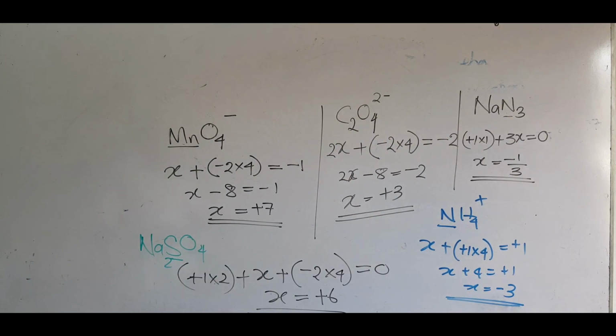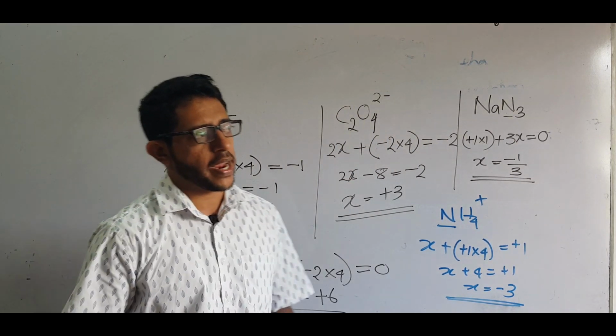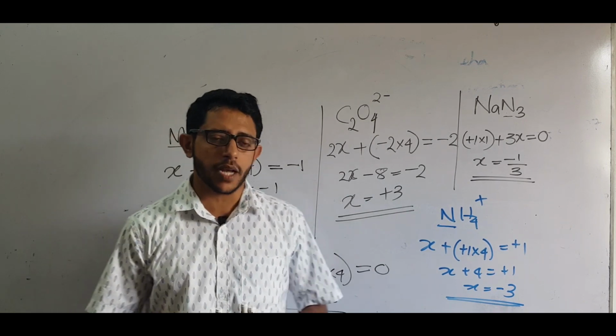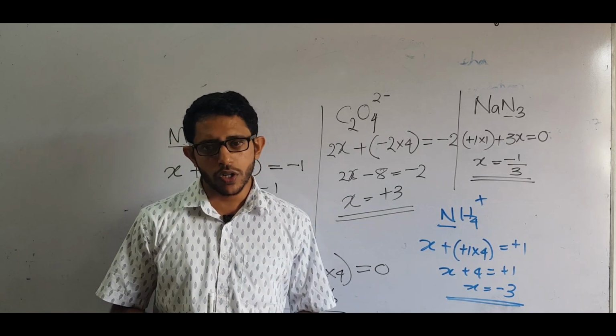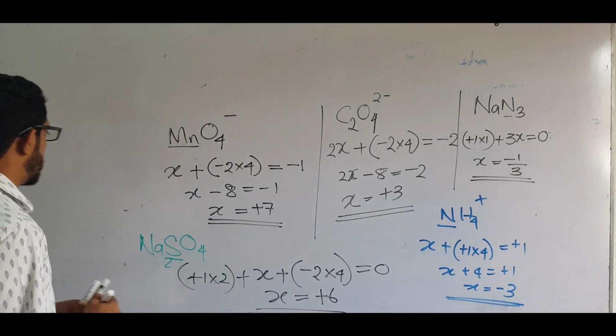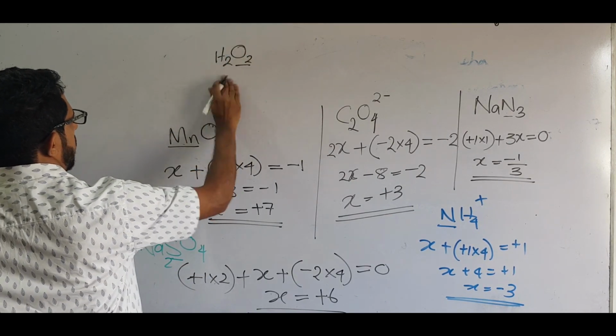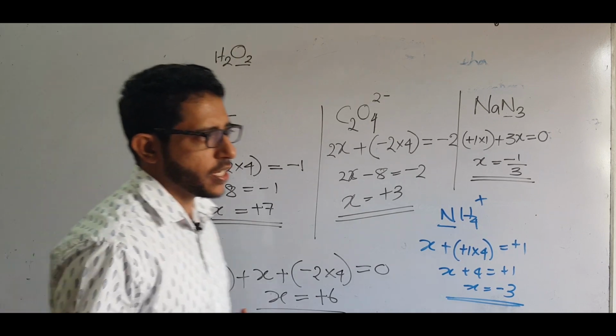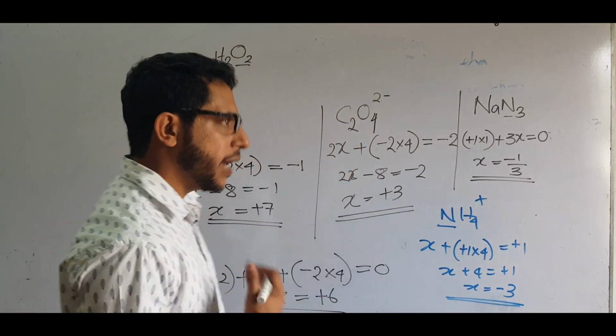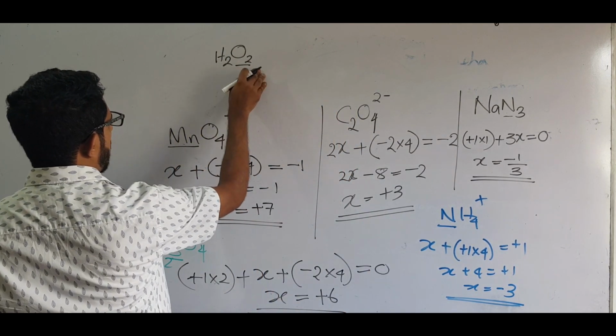So, likewise we can find the oxidation state of many different substances using the basic rules we have, right. If I use another one over here, H2O2, oxygen. Now, I told you usually oxygen is -2, but there are cases where it is not. Now, hydrogen with a non-metal is +1.